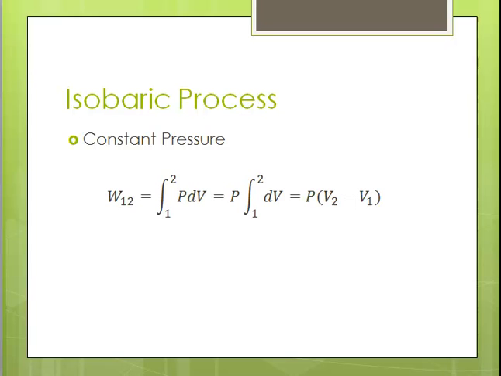Also, we're looking at this because mathematically it's simple. If I integrate P dV from state 1 to state 2, but P is a constant, I can bring it out. And so we're just looking at the volume change from state 1 to state 2. So pressure times the volume change is the work for an isobaric process.